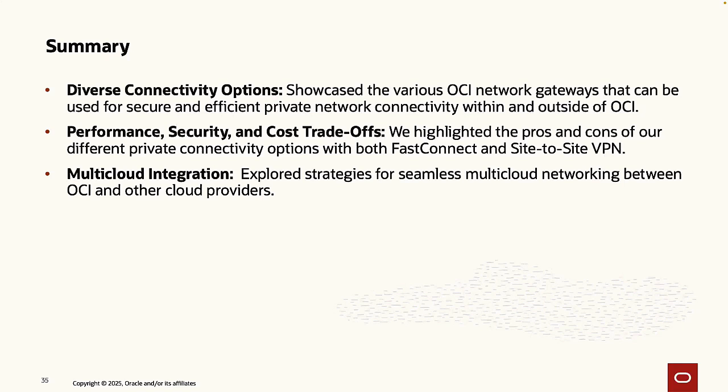We also highlighted the pros and cons of our different private connectivity options with both FastConnect and our site-to-site VPN service. And then we went through some multi-cloud integration techniques by exploring strategies for seamless multi-cloud networking between OCI and other cloud providers, going through either a FastConnect partner, IPSec VPN, or even Interconnect where available.